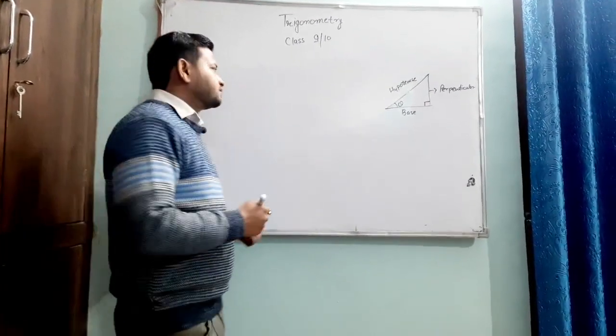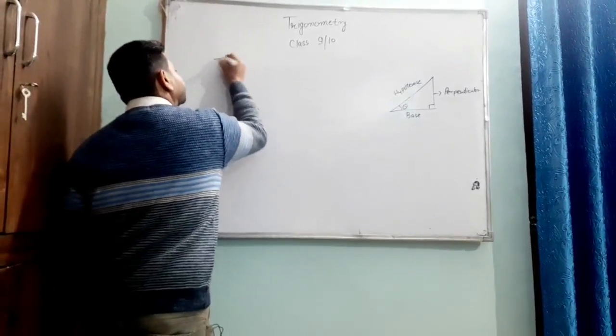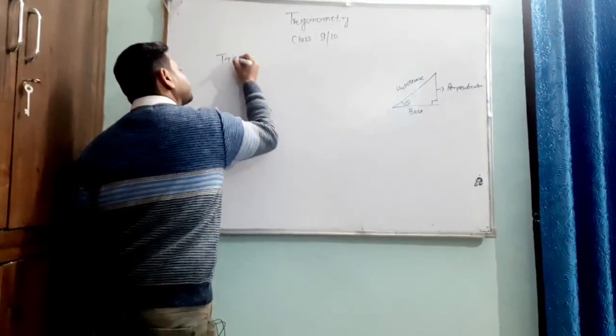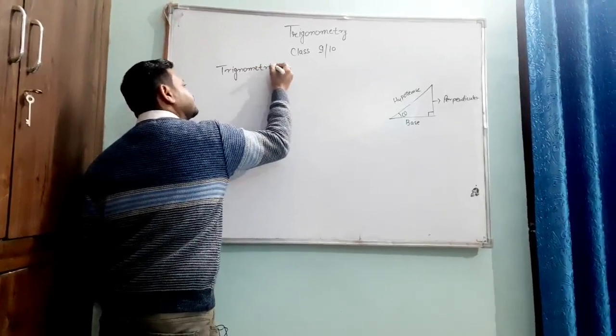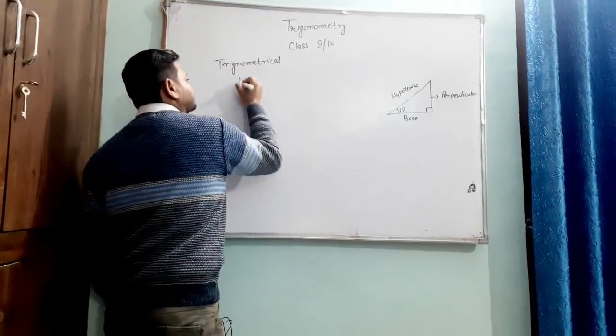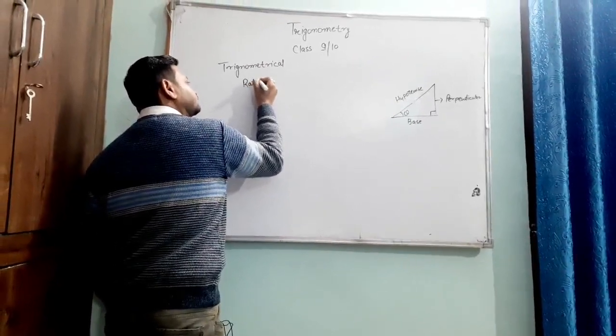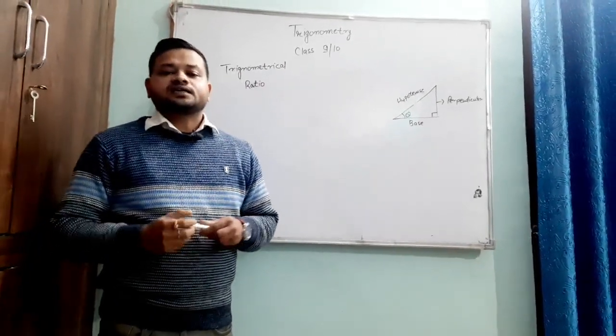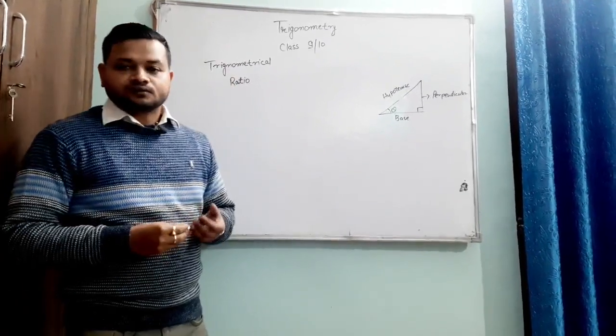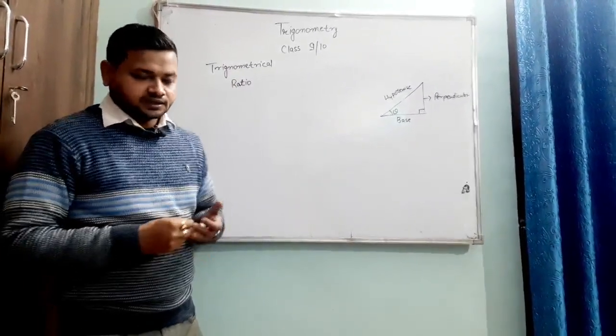Now we will study trigonometrical ratios. See, there are 6 trigonometrical ratios, and those are sine, cos, tan, cot, sec and cosec.